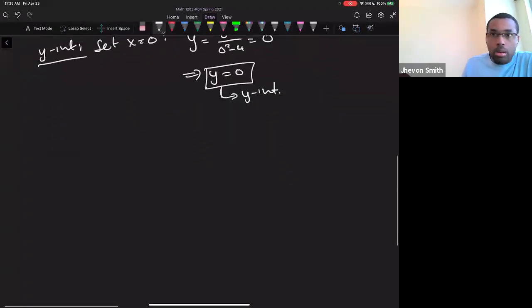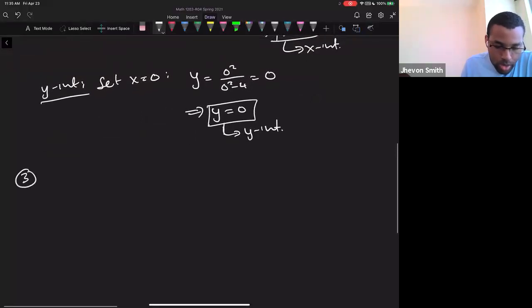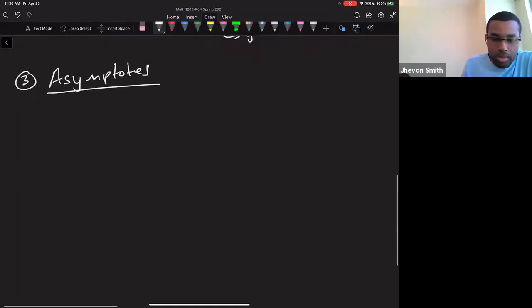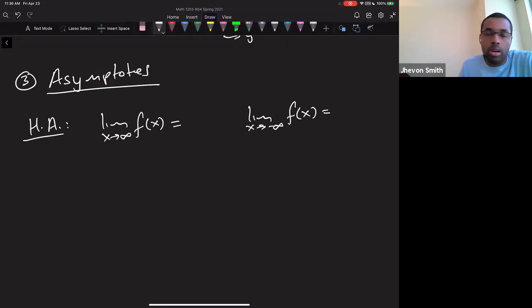Okay, cool. Moving on. Okay, 3, we would like to find the asymptotes. Remember, we care about two kinds of asymptotes. There is the horizontal asymptote, and we know how to find those. You're going to find the limit as x approaches infinity of our function, and you're going to find the limit as x approaches negative infinity of our function. We know that if it's not top-heavy, these will give us the same answer for rational functions. However, you probably don't know that in the beginning, so you just write down both of them at the same time.